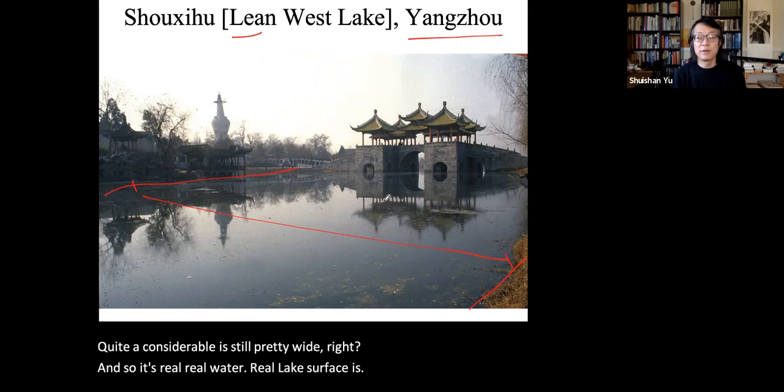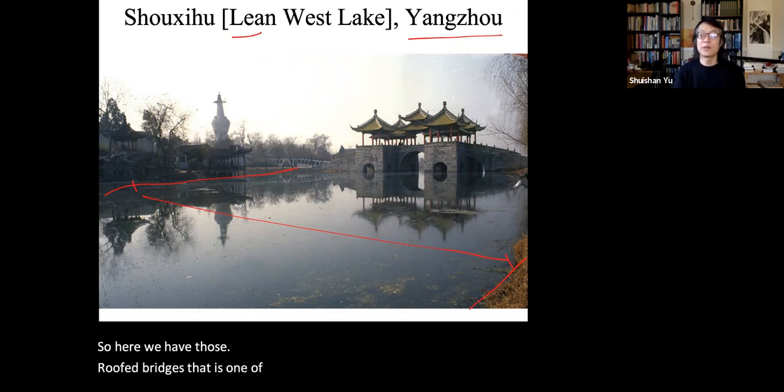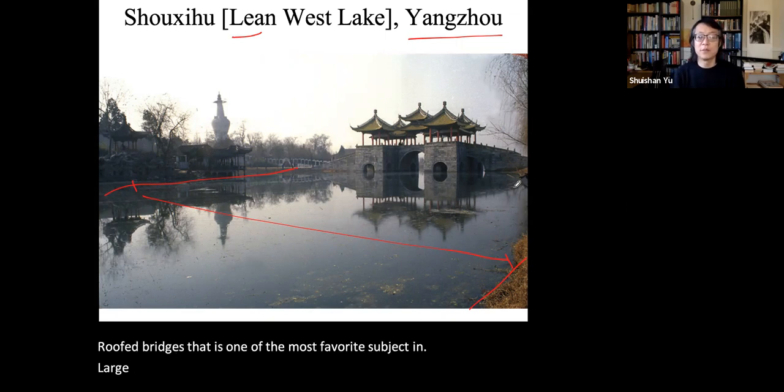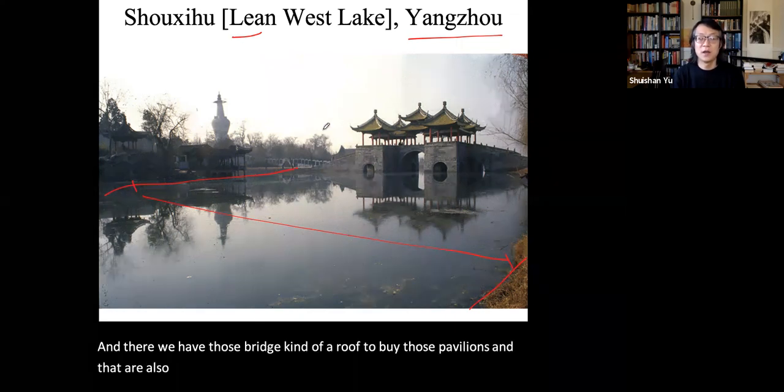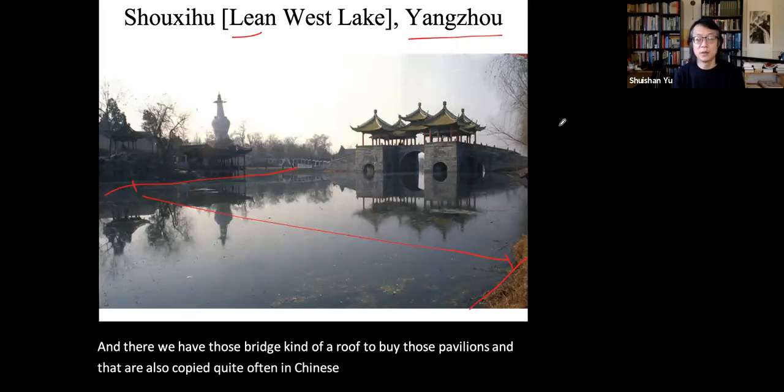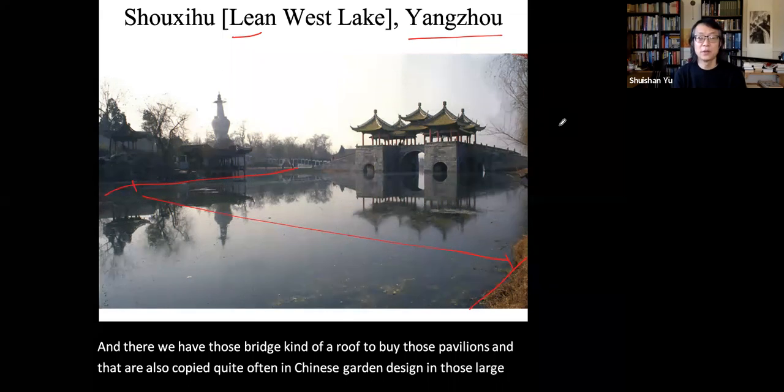So here we have those roofed bridges. That is one of the most favorite subjects in large scale garden, in imperial garden or public scenery park. And there we have those bridges roofed by pavilions, which are also copied quite often in Chinese garden design, in those large size public parks.